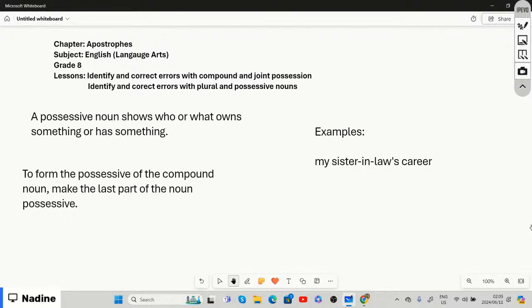Our lessons are to identify and correct errors with compound and joint possessives, so we're going to find out what that is, and also to identify and correct errors with plural and possessive nouns.